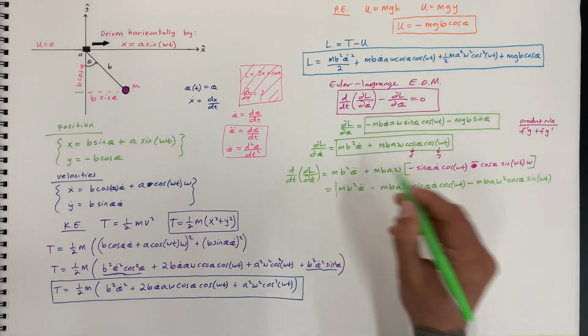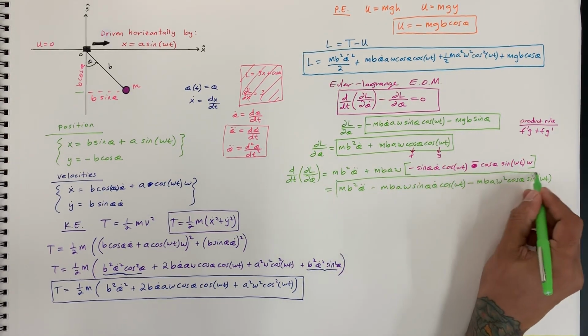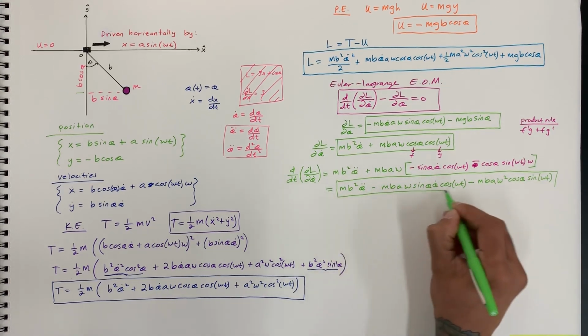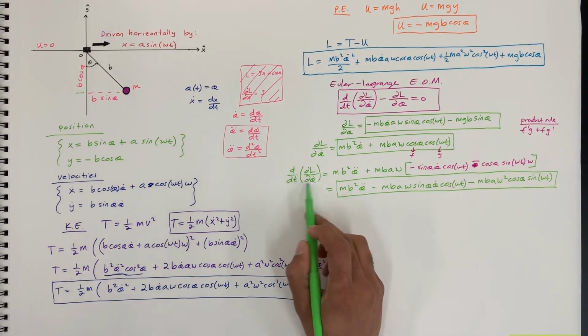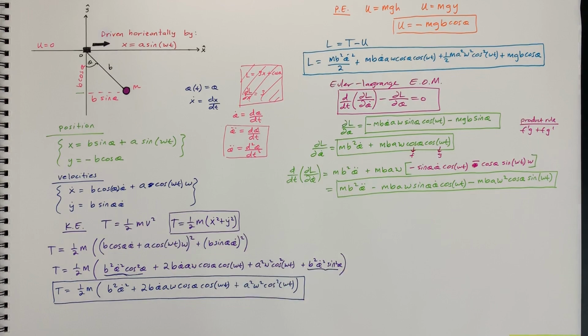Okay, so this is what we're left with for this term of the Euler-Lagrange equations. Now let's put them together.